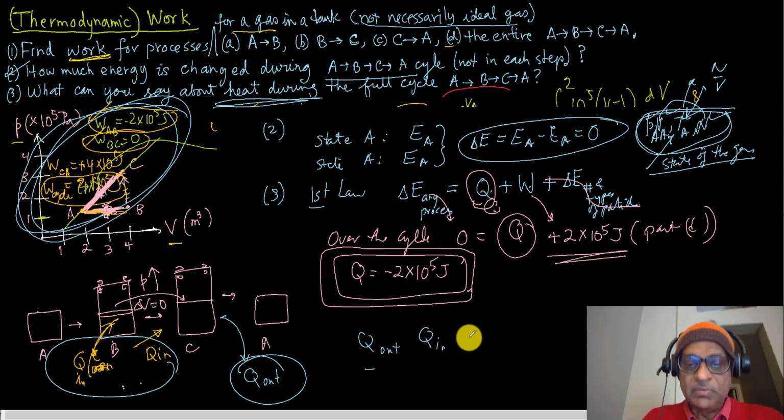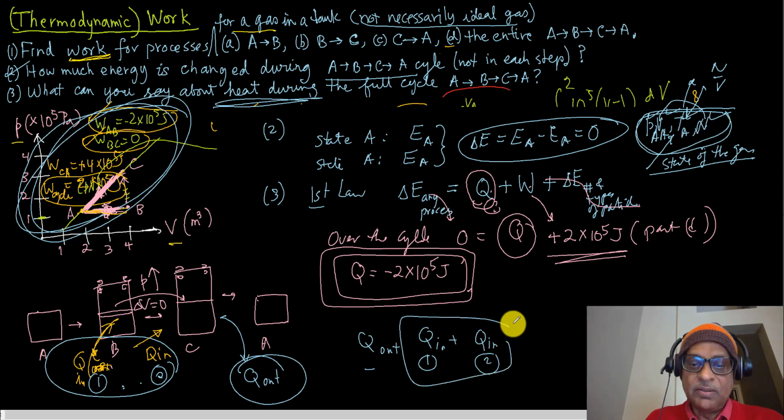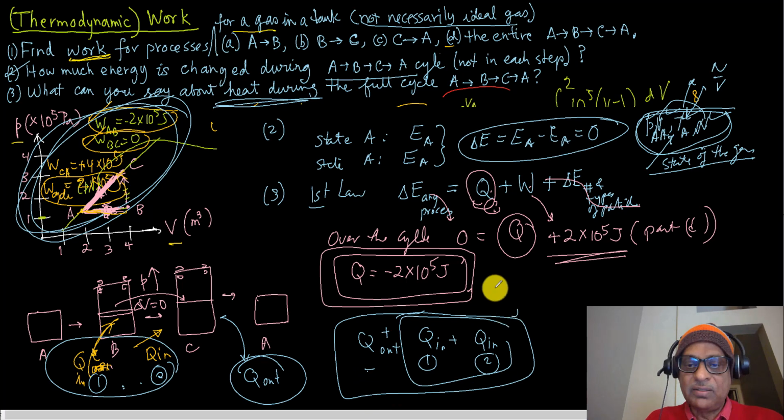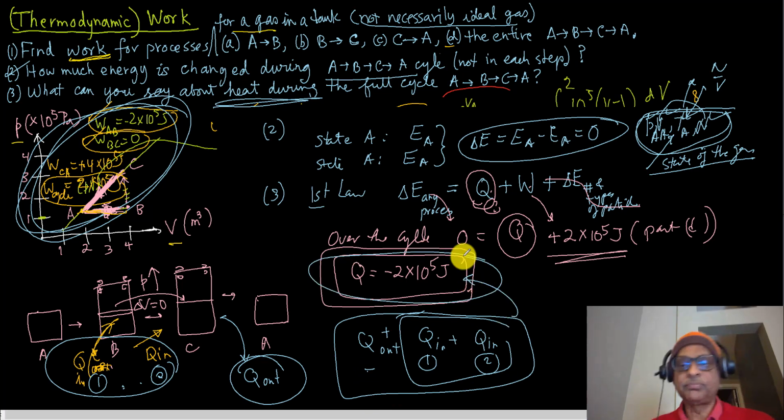Q in 1 plus Q in 2, when you add all of these up with this negative, that's what we got.